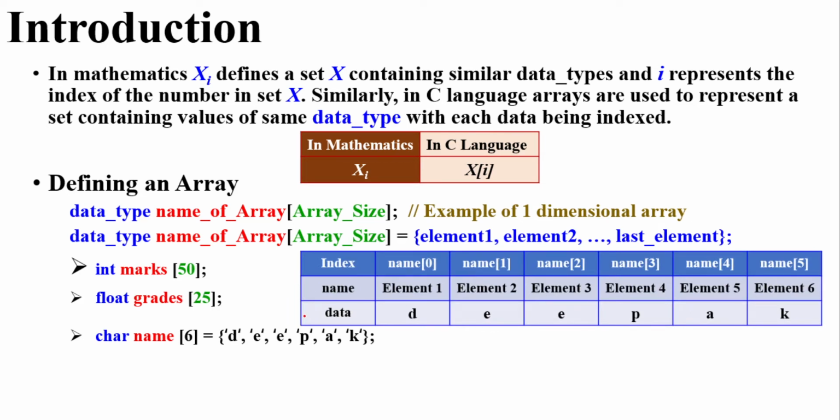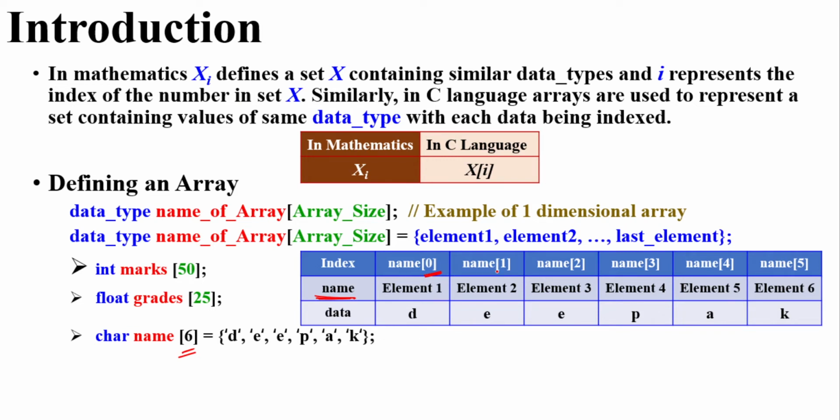For example, let us try to understand how the memory is allotted to individual characters. So when we say the variable name is name, how many elements are there? 6. And remember, the indexing in an array starts from 0. It does not start from 1.